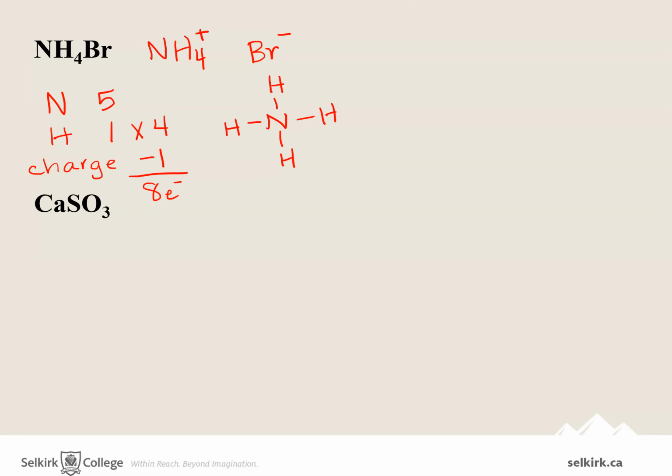I see a nitrogen in the center. I expect it to have 5 valence electrons from its position in the periodic table. But when I'm counting for formal charge, I'm asking how many of those electrons came from the nitrogen. And remember, we're treating each bond as if each atom contributed 1 electron to it.